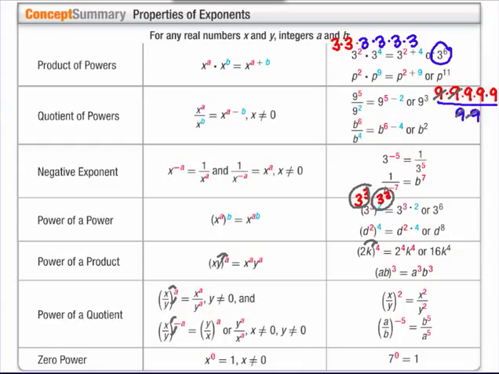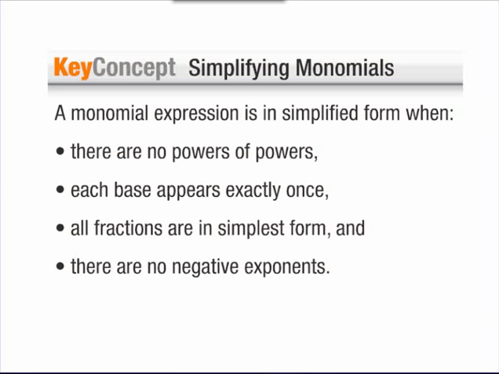All right, so now what we're going to do is look at a few examples. Before we look at an example, and this is what we talked about on that first slide, I want to be clear what you need to have. A monomial expression is in simplified form when there are no powers of powers, when each base appears exactly once. So that was the thing with the variables.